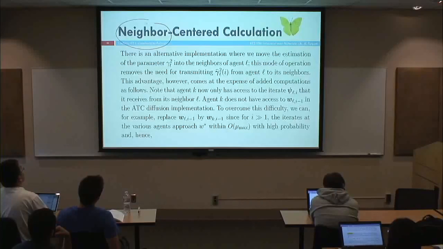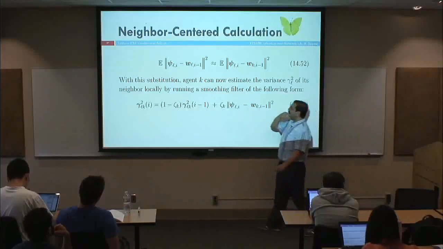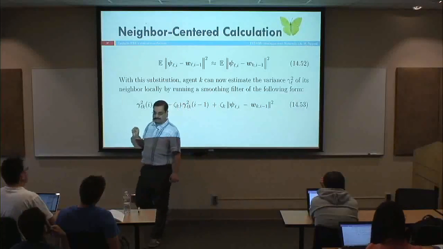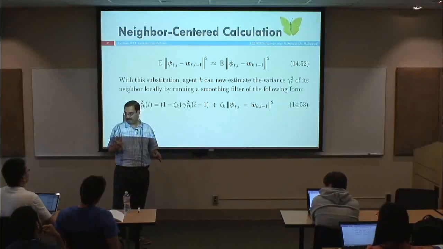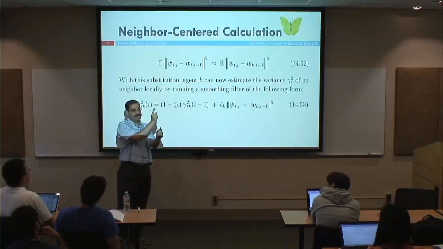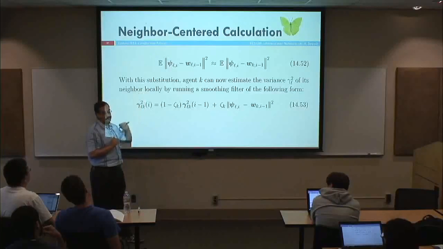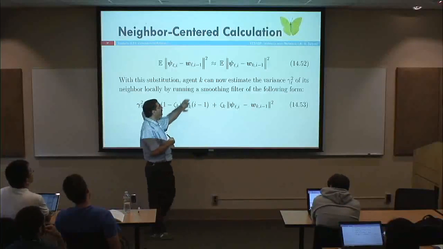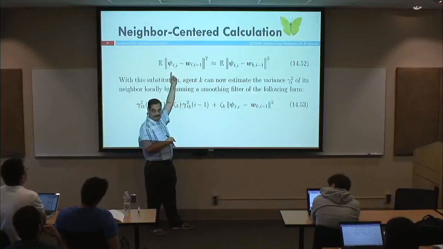That's what this other implementation is, okay? I call it neighbor-centered. Let me show you what I mean by that. What you want is the quantity on the left. Agent L can compute it by smoothing, right? But now I want to move the calculation of that to agent K. Agent K cannot compute it because agent K does not know WL. Agent K only receives psi L, right?